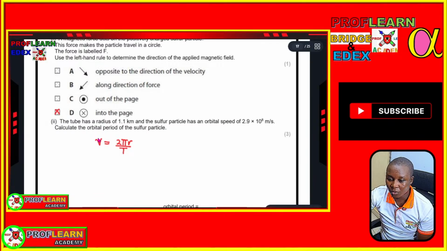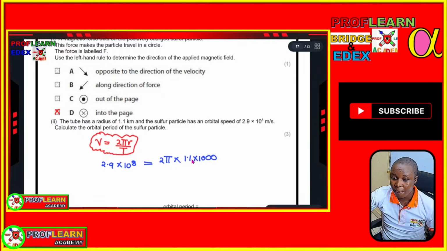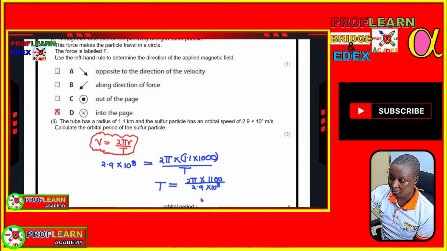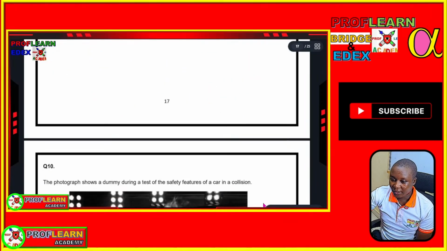So this is the orbital speed of planets around stars. So you can substitute what we are provided, so that we can make t the subject of the formula in order to work it out, and our answer becomes what? The orbital period. If you put it in the calculator, our answer becomes 2.838 times 10 raised to power negative 5 seconds.